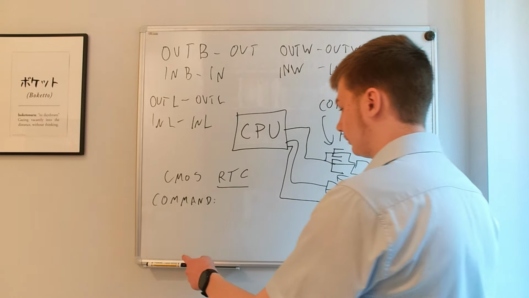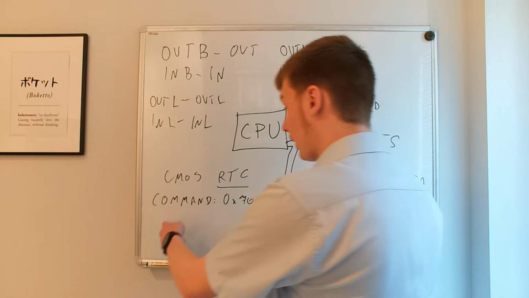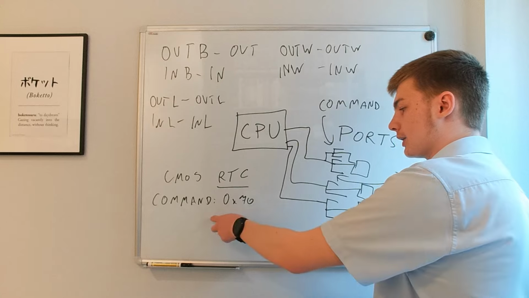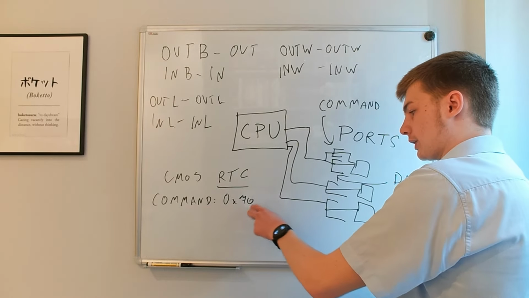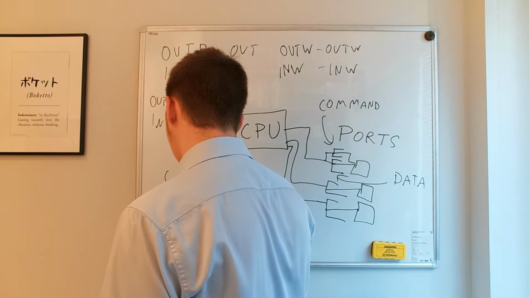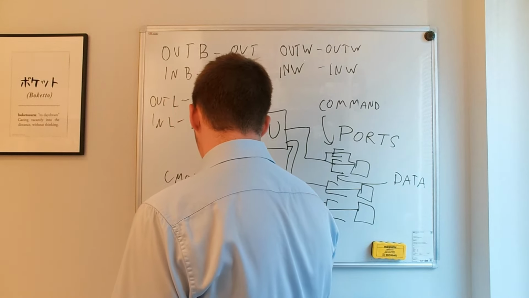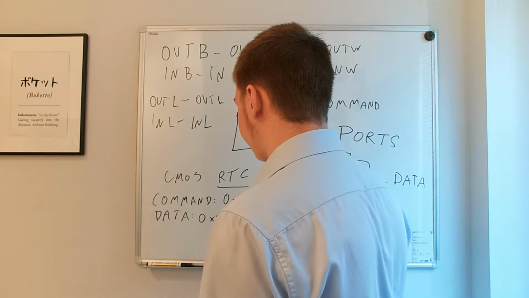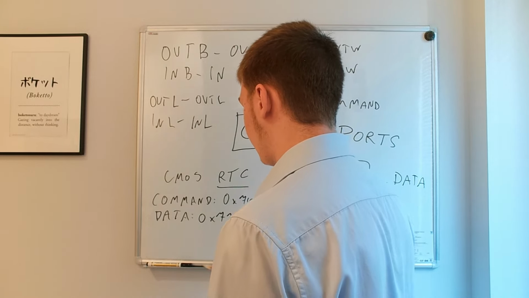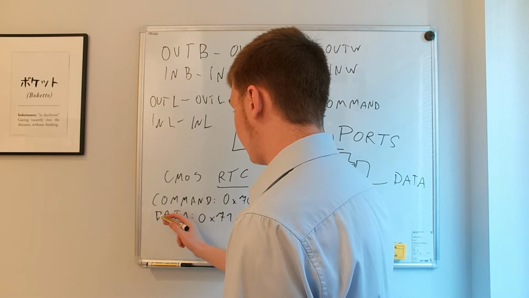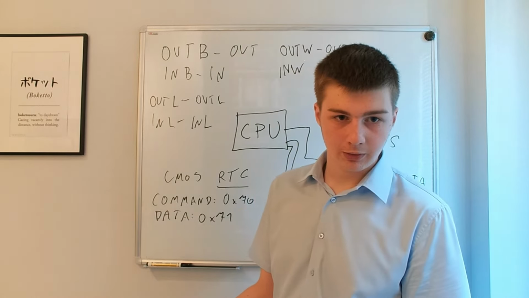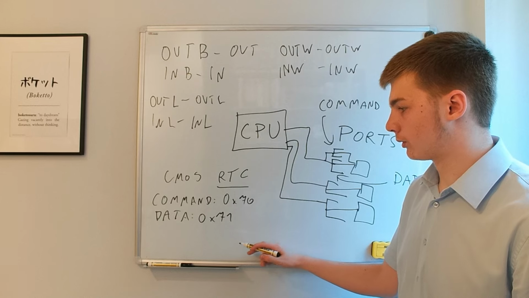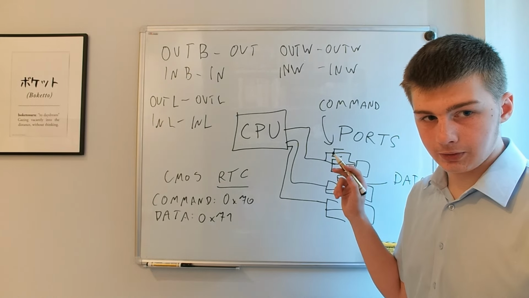is, in decimal... generally, port numbers are given in hex. So, the command port is actually 70, and the data port is 71. You'll always read from the data port. In fact, if you want to make a function, you're going to return whatever you read from the data port.